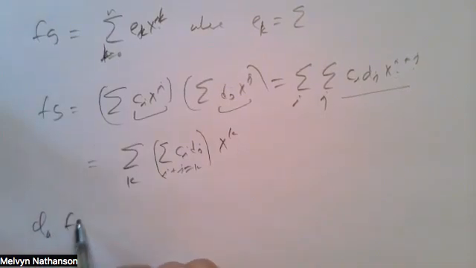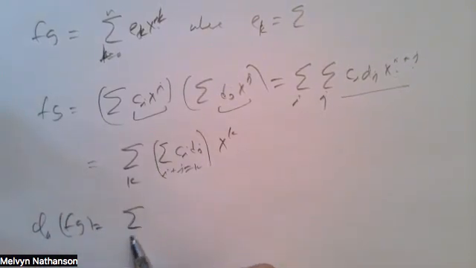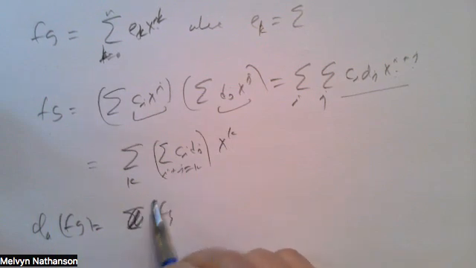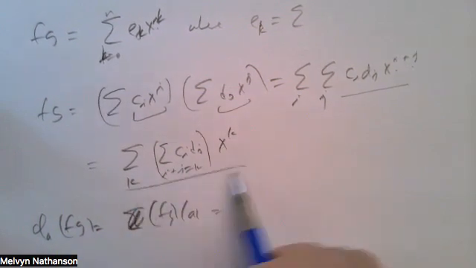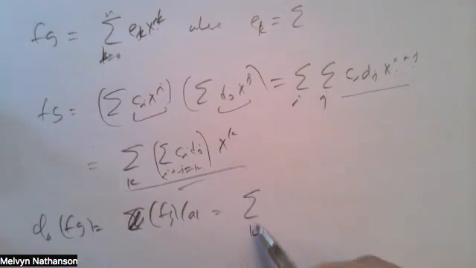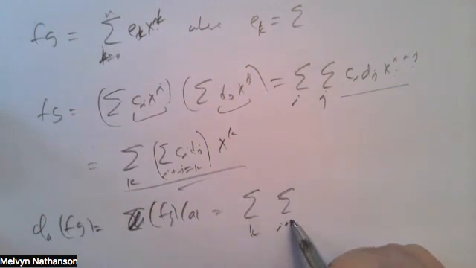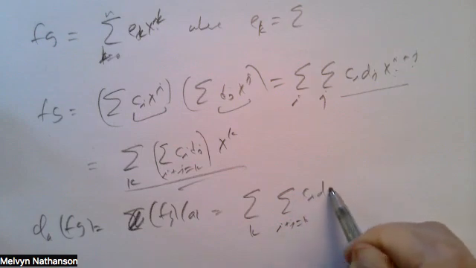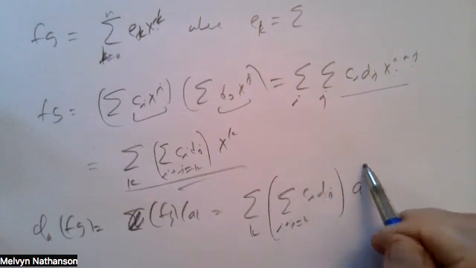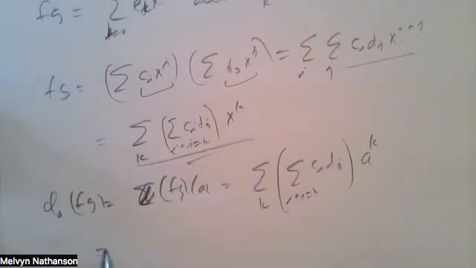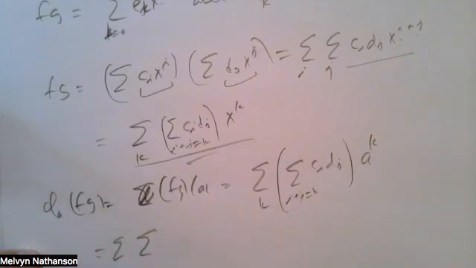So phi sub a of fg is fg evaluated at a. This is the summation over k, summation over all i plus j equal k, of c_i d_j times a to the k. That's the sum over all k, i plus j equal k, of c_i d_j a to the i plus j.